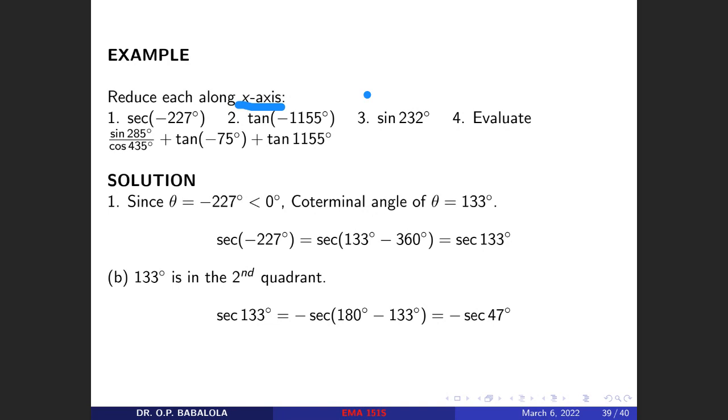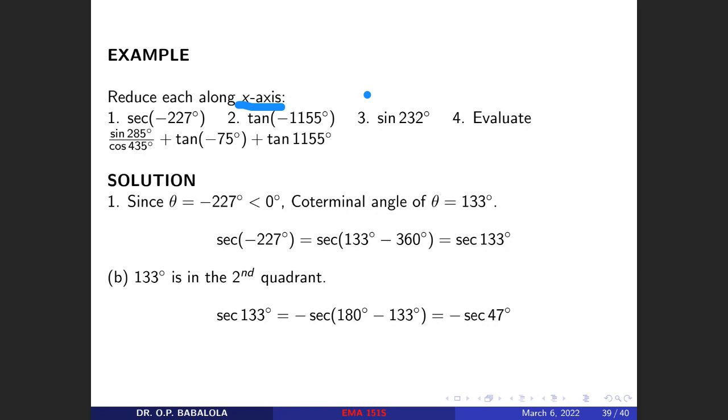So reduce sec minus 227 degrees along the x-axis. Minus 227 degrees is actually less than 0 degrees, okay?